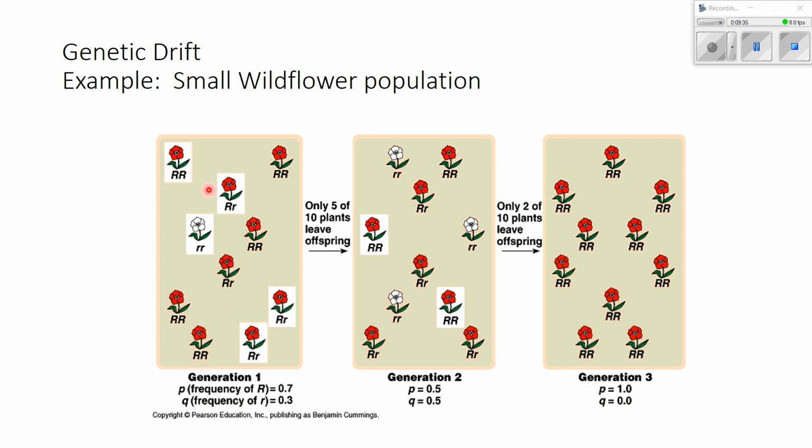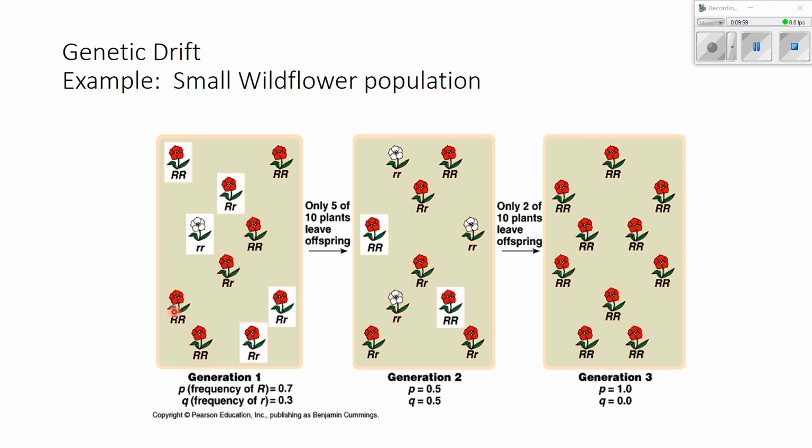let's suppose that 5 of them, just by random chance, happen to be growing in a position where they're getting plenty of sunlight, plenty of nutrients from the soil, and the other half of the population maybe are growing in an area that's too shady, or maybe it's rocky soil, so they're not getting enough nutrients.